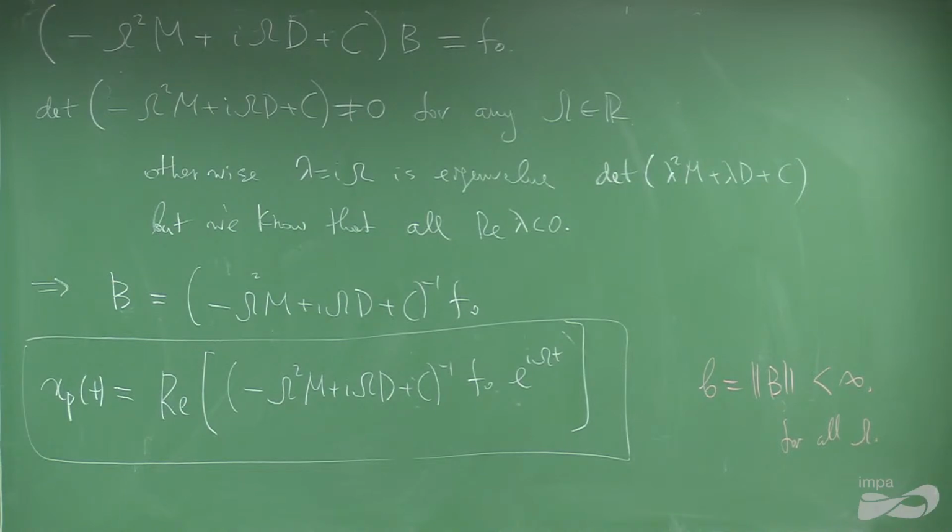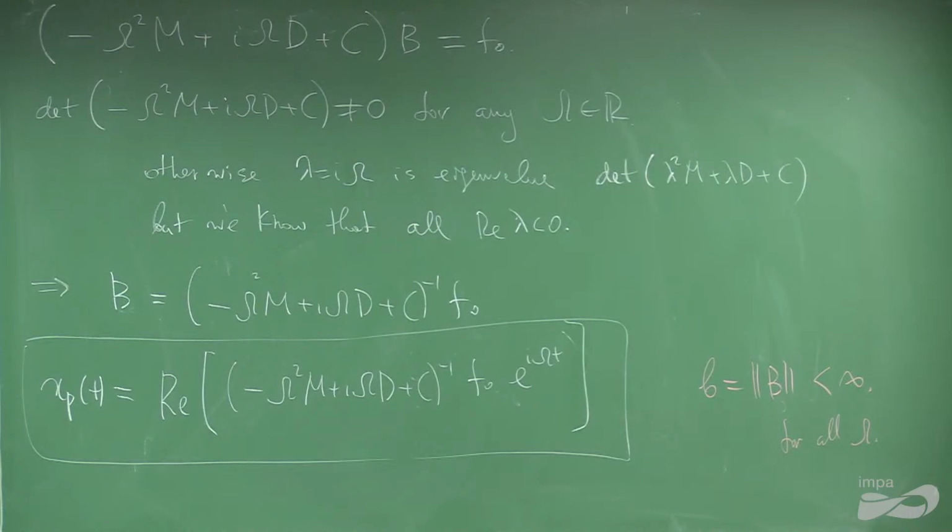So this part is harder. This is what's called parametric resonance. So what's the difference?